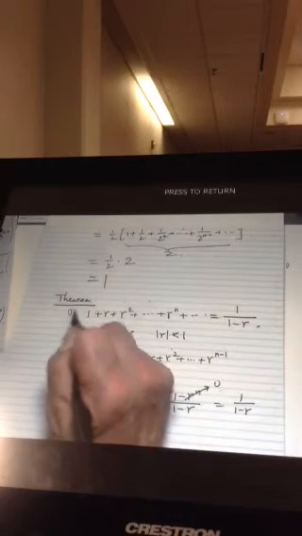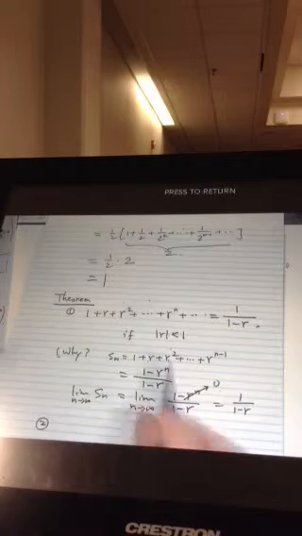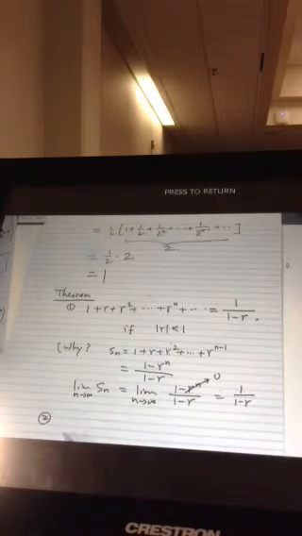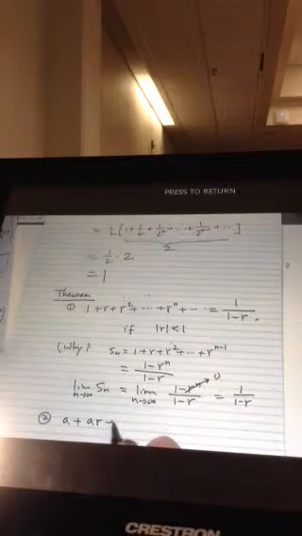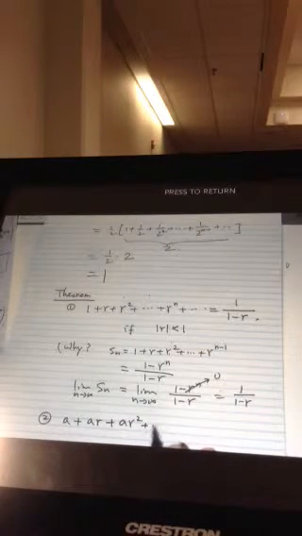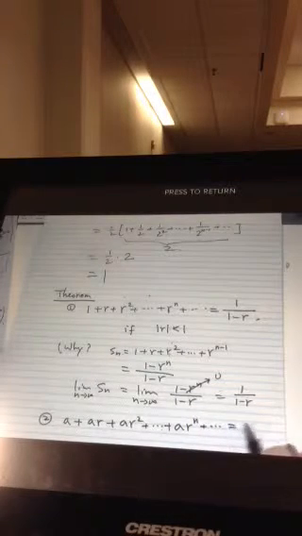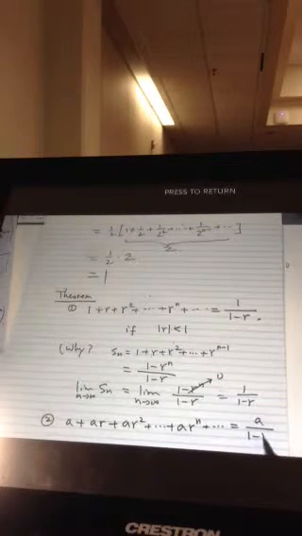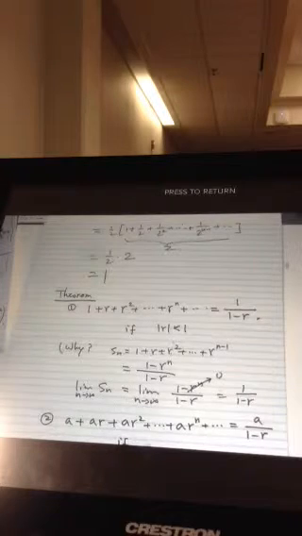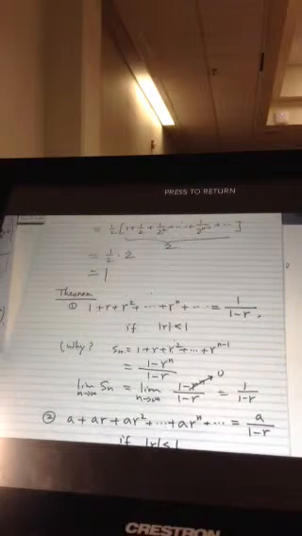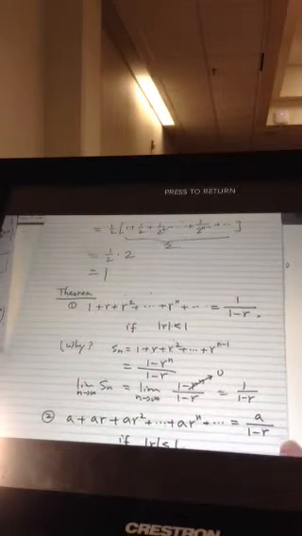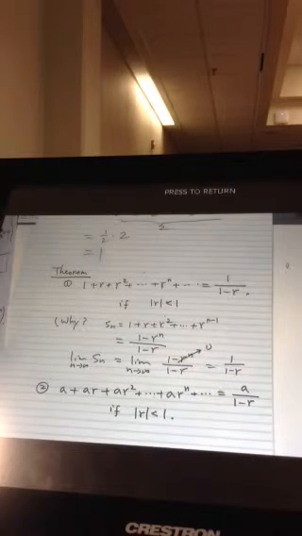Alright, so 2. Likewise, I just multiply everything by a number a. So if I have a plus ar plus ar squared, up to ar to the n, this will be a over 1 minus r, if the absolute value of r must be less than 1. This is given in the book.